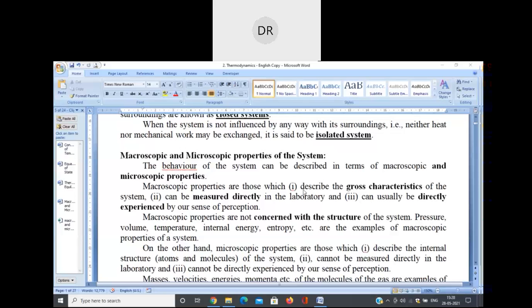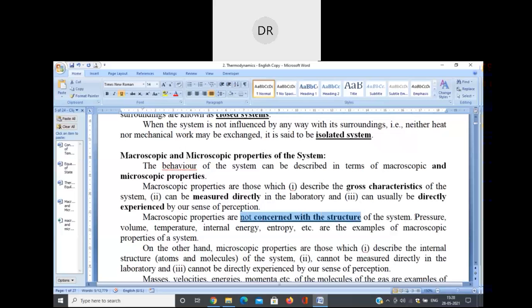Macro means overall properties. It is not concerned with the structure of the system. It deals with the general properties.